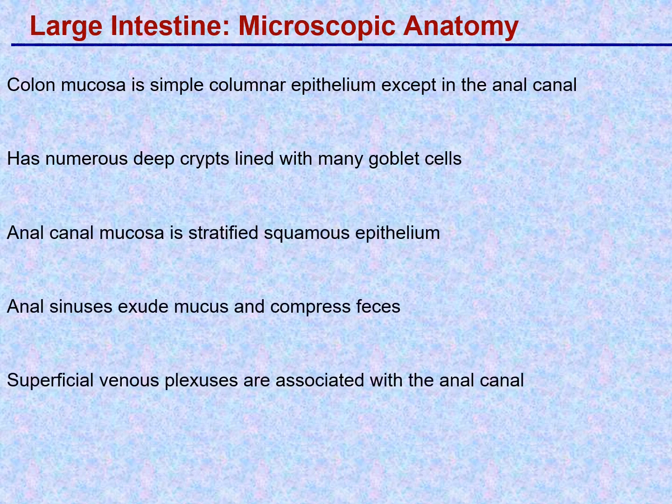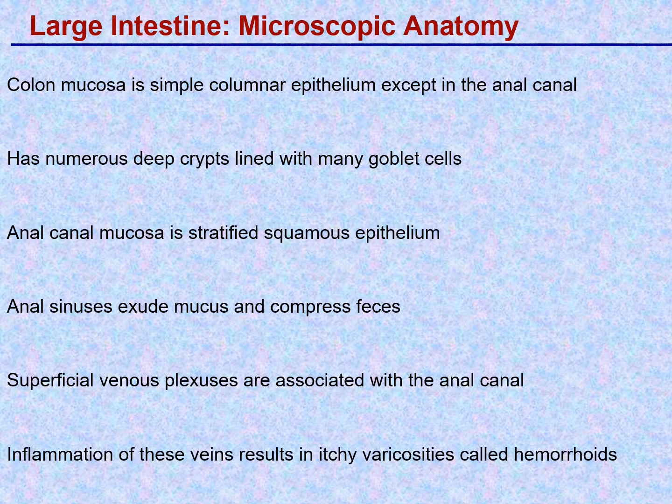Okay, the histology of the large intestine is similar to the small intestine. There is a simple columnar epithelium of the mucosa, and that is present all the way down the large intestine and only absent in the anal canal, where the friction of fecal matter is greater, and so it's a stratified squamous epithelium in this area.